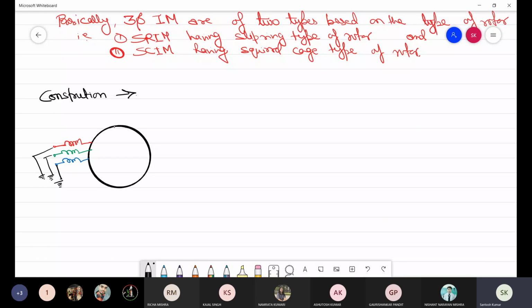Now there will be the 3 phase windings as A, B and C. Now these 3 windings will be connected in delta only.